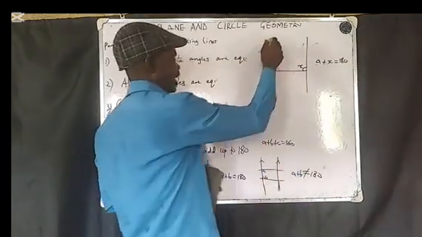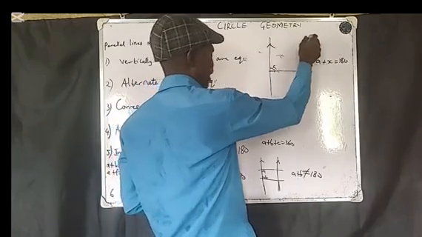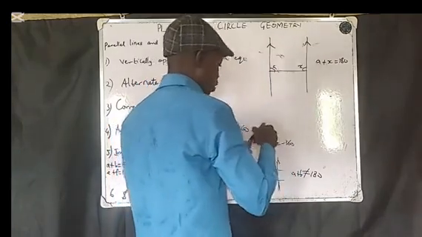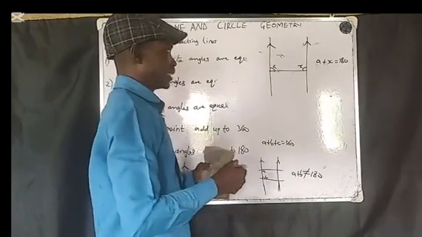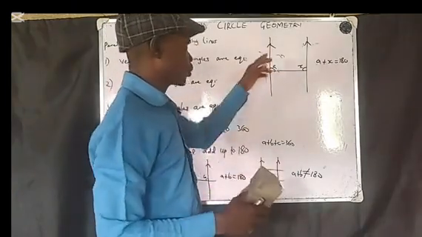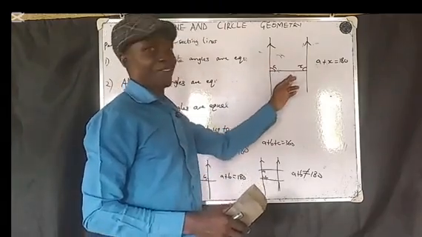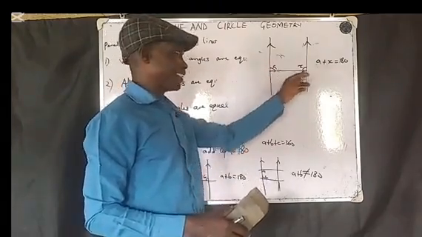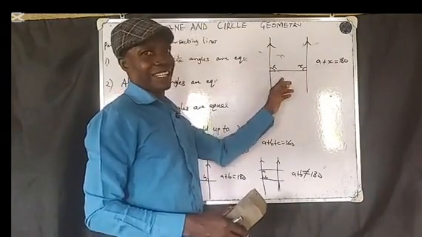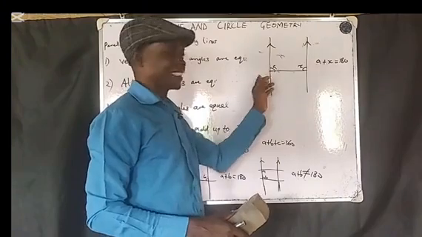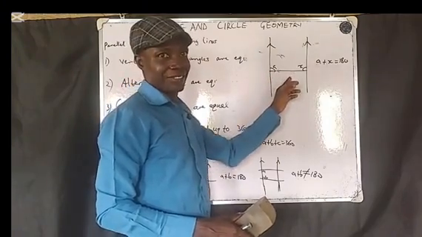Please understand that these two lines are the parallel lines. Those angles that add up to 180, they do not add up to 180 along the parallel lines, but along the transversal, along the intersecting line.